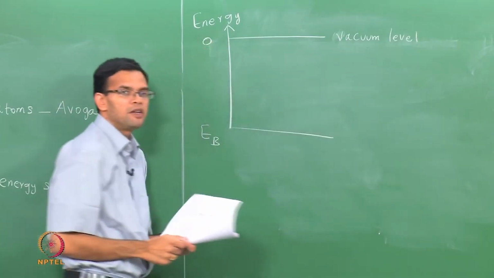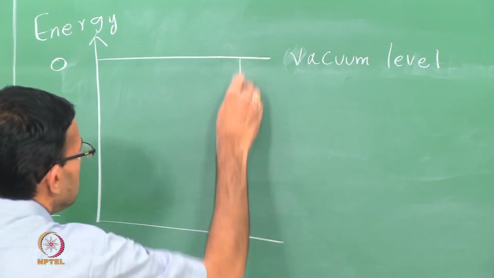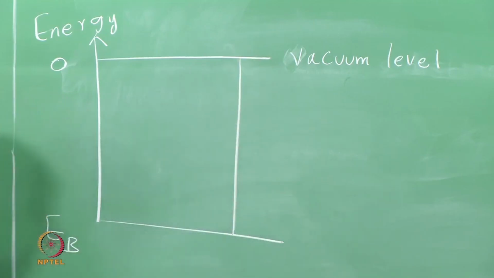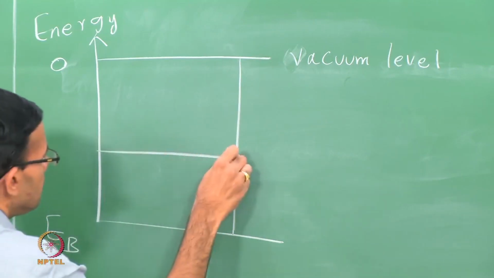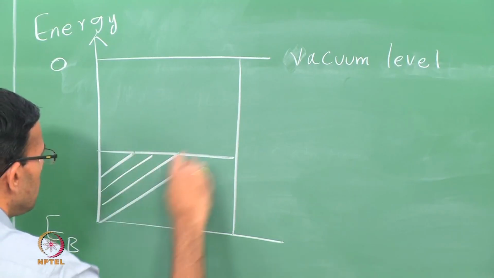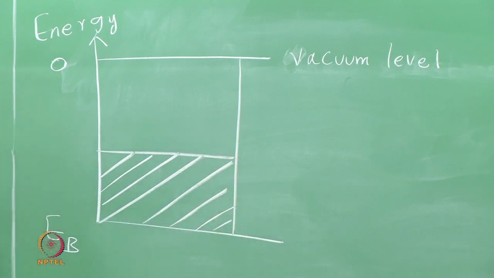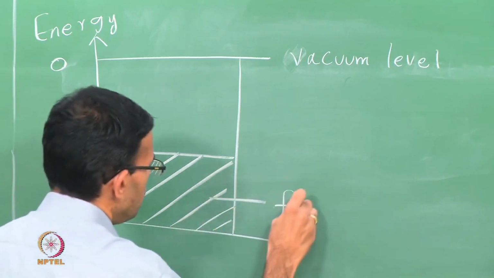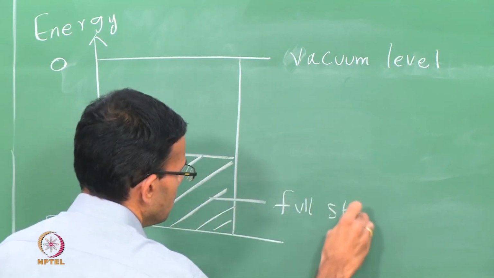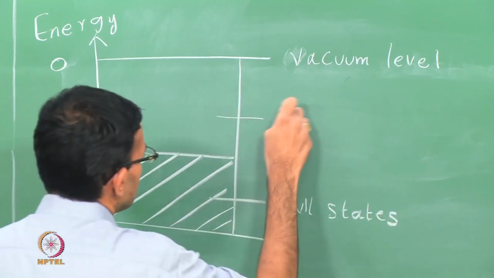So, everything can be referenced to the vacuum level. So, you have an energy band that is half full. So, in this case these are all the full states and these are all the empty states.